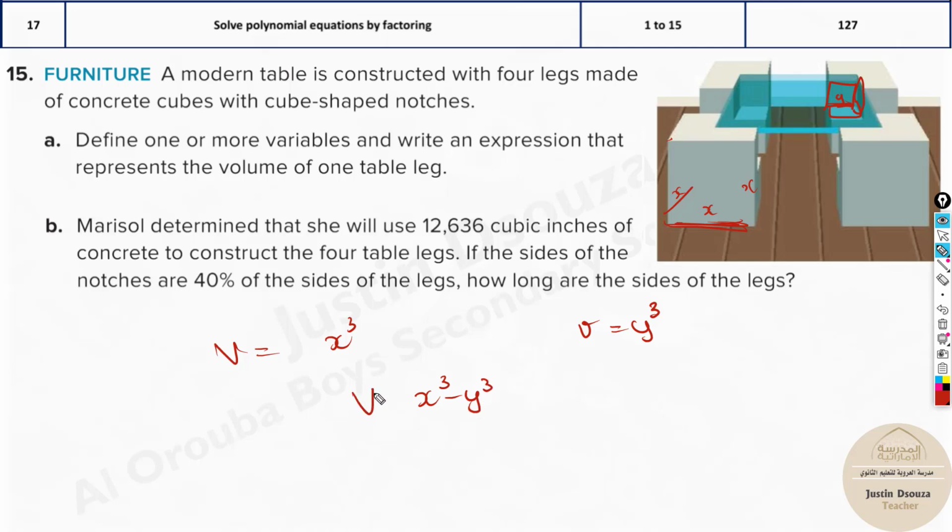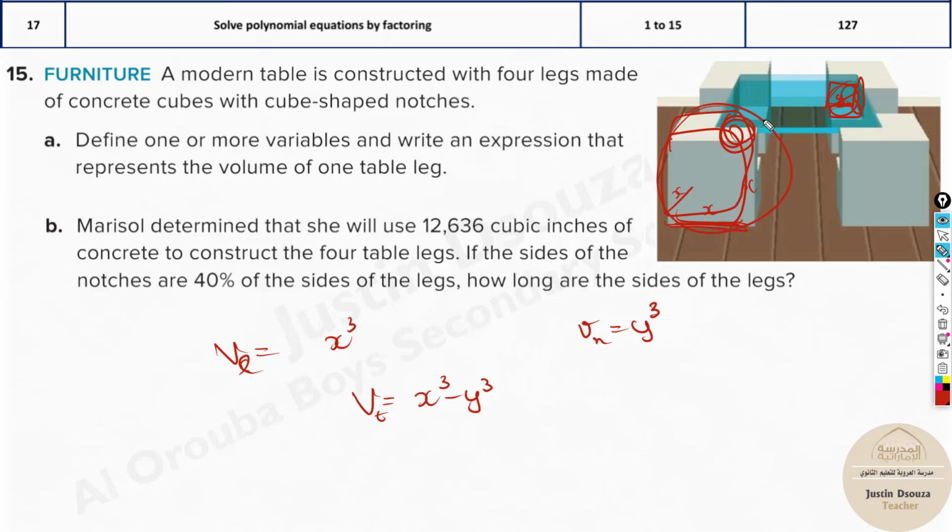Let me explain why. This is the volume of the leg, this is of the notch. Now see, the total volume basically is x cube, yes, but here you can see some of the space is removed, the notch is removed, right? So this is the volume of the notch, this is the volume of the entire cube.